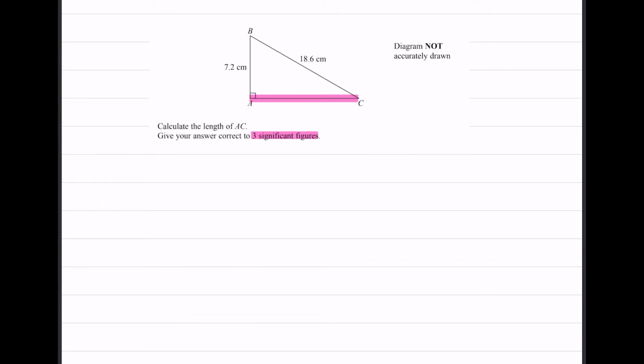So in this case, I'm not looking for the hypotenuse, I'm looking for one of the shorter sides. However, the formula stays the same, so the hypotenuse squared, so in this triangle, that's called BC. So BC squared is equal to the other 2 sides, which is AB squared plus AC squared, and you can see that we want to calculate the AC squared.